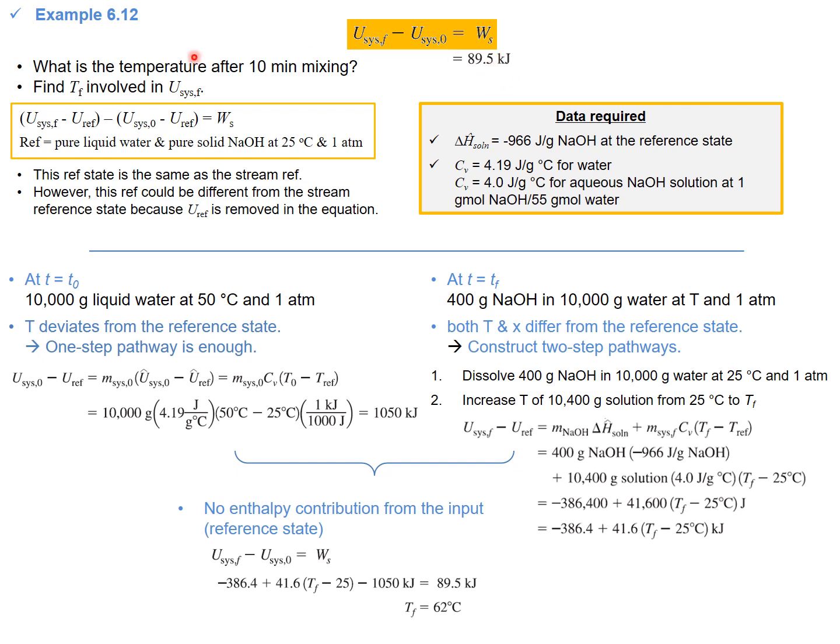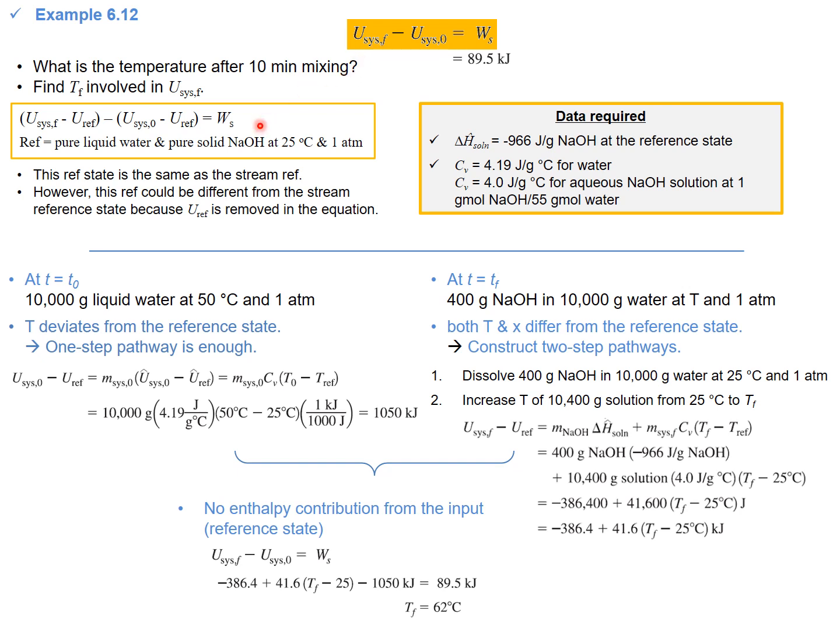Then, what is the temperature after 10-minute mixing? That is the target question, the final question. So, we should find the final temperature involved in this term, the internal energy of the system at the final state.